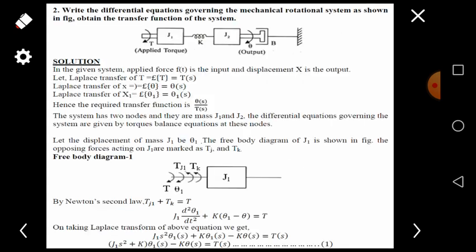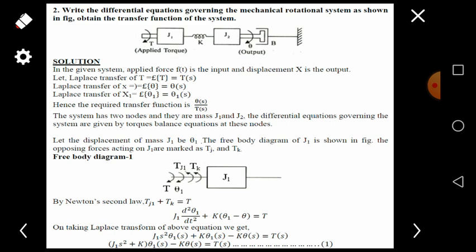Okay. Now we are going to see a problem based on a mechanical rotational system. The problem is: write a differential equation governing the mechanical rotational system and obtain the transfer function of the system. We know that a transfer function is the Laplace of output divided by the Laplace of input.